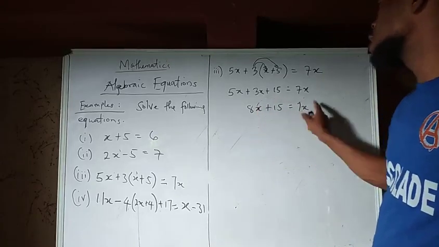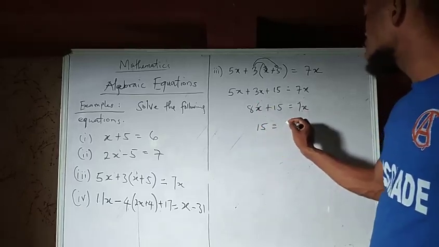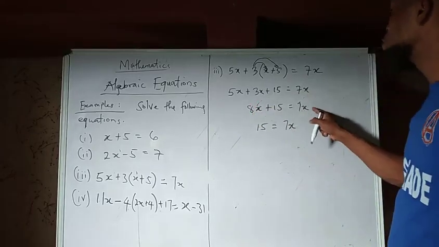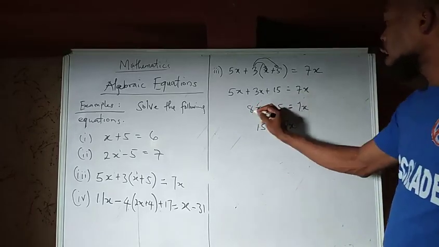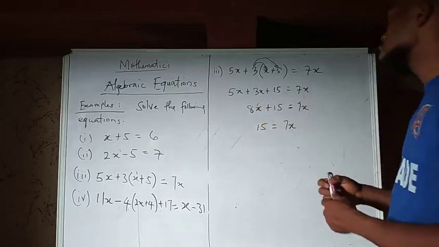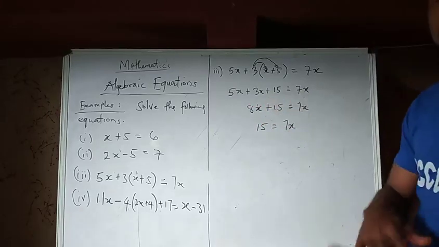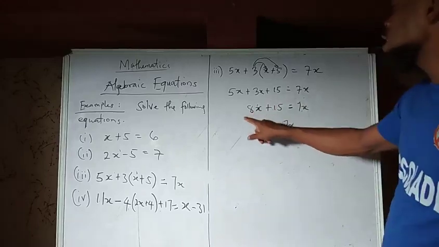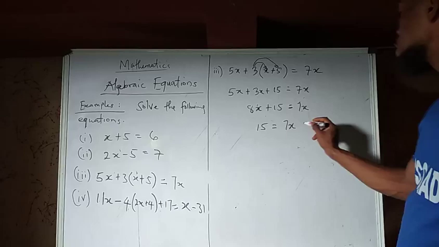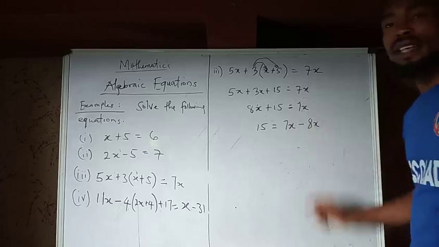Now let's say I'm going to take this guy away from here to meet this guy. So this is going to be 15 left equals 7x. Then this 8x comes over to meet this guy. As it is now, it is a positive number. Any number just standing on its own, without a sign attached, is a positive number. So when it moves across the equality sign to meet this guy, it will become a negative number, minus 8x.